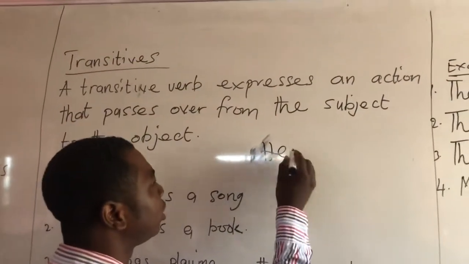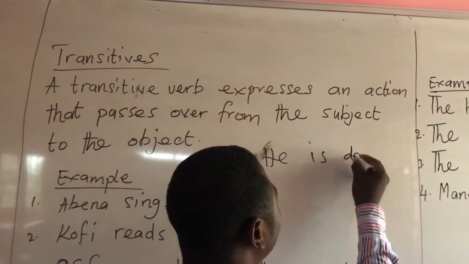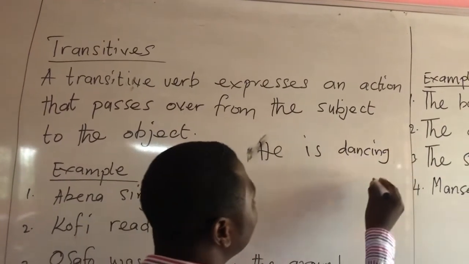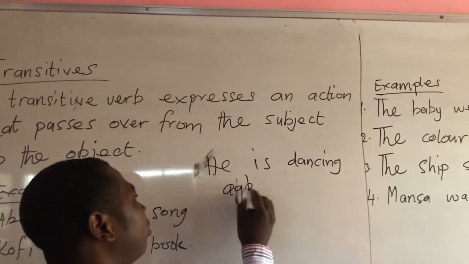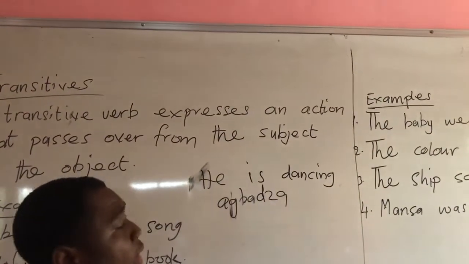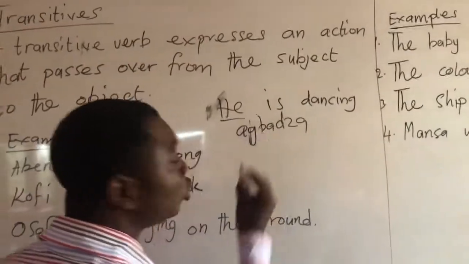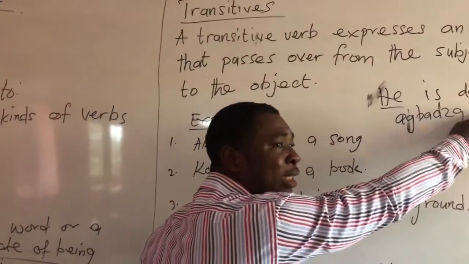Example: he is dancing abaja. He's dancing abaja. The one doing the action is what?